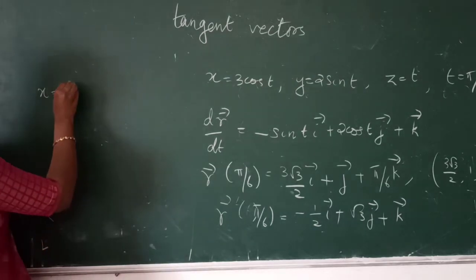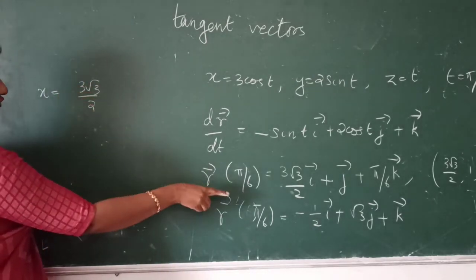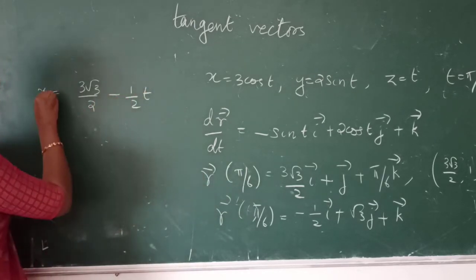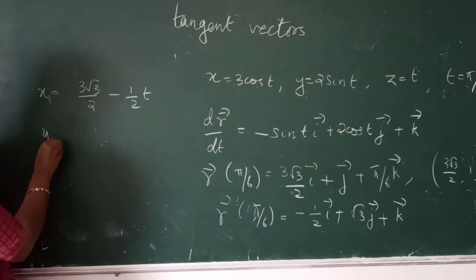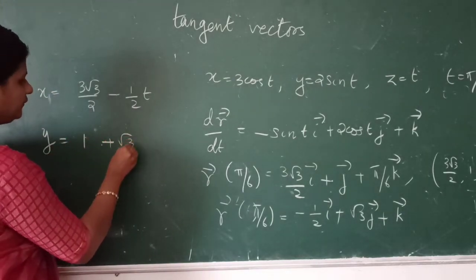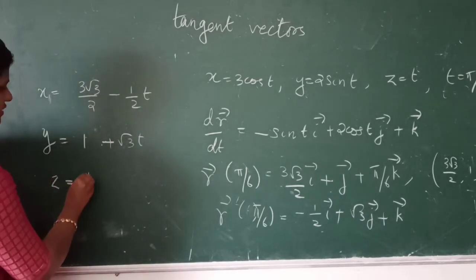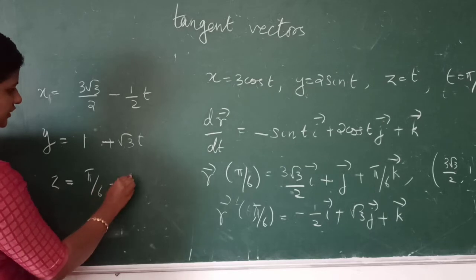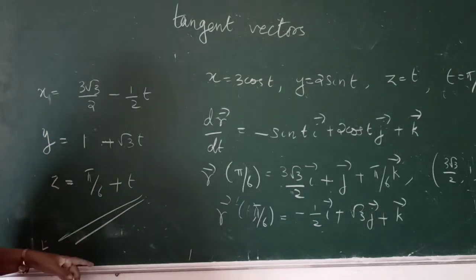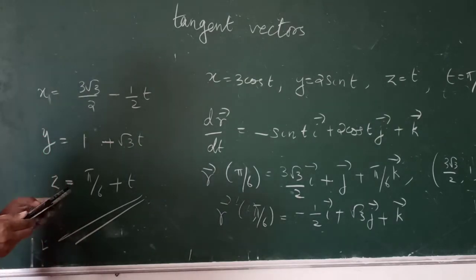That means x naught is here 3 root 3 by 2, and minus 1 by 2 is u1, so minus 1 by 2 t. And y is equal to 1 plus root 3 t. Z is equal to pi by 6 plus t. So here we have the parametric equation for the tangent line passing through this point.